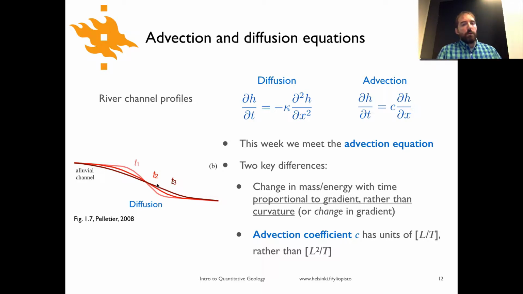The other thing worthwhile to note, and it's maybe easiest to see if we go back to having two channel profiles, is that because of the conservation of mass that we assume with the diffusion equation, any place where the elevation goes down up here is balanced by elevations going up somewhere else along the channel. So the mass is conserved from one end of this river channel to the other. If you erode up here, you deposit sediment down there.